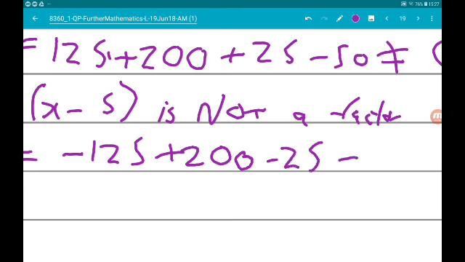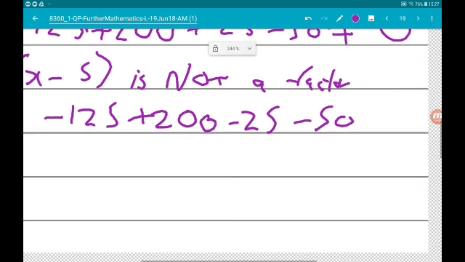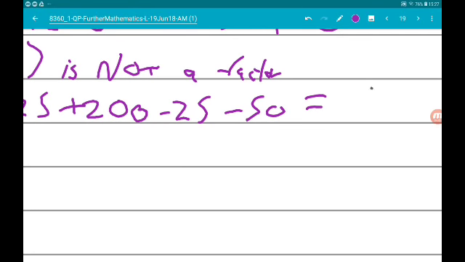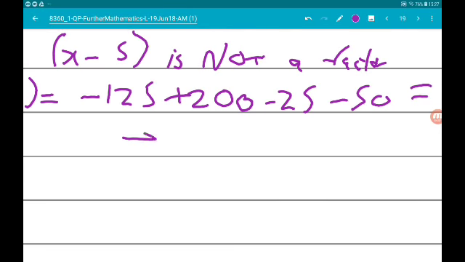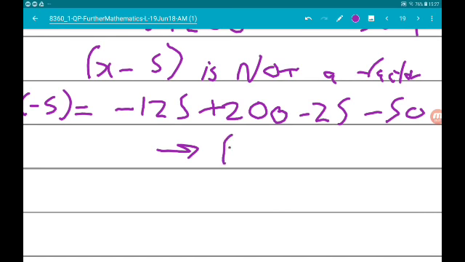And then we got the minus 50 on the end. So, minus 125 minus 25 is minus 150 minus the other 50, and we get minus 200. So 200 minus 200 does indeed equal 0. Therefore, x plus 5 is a factor.